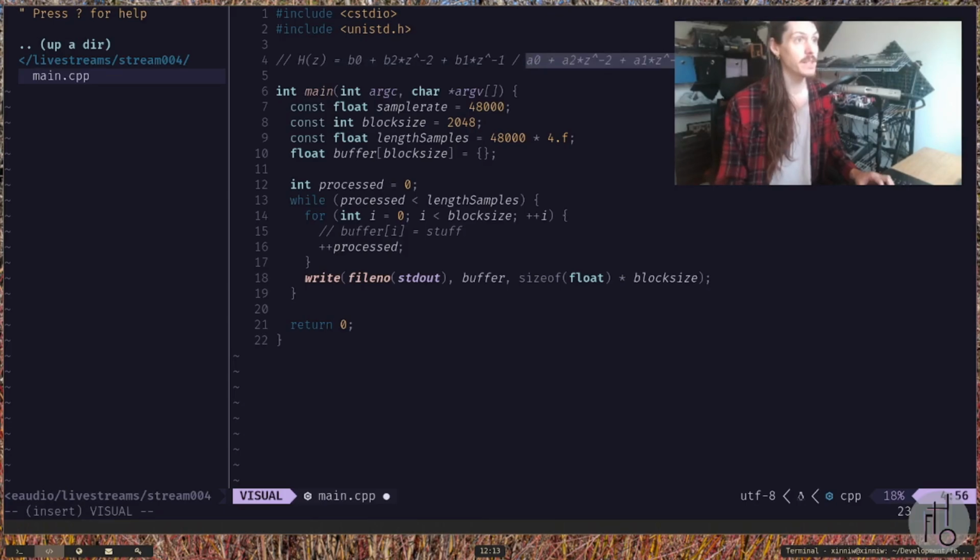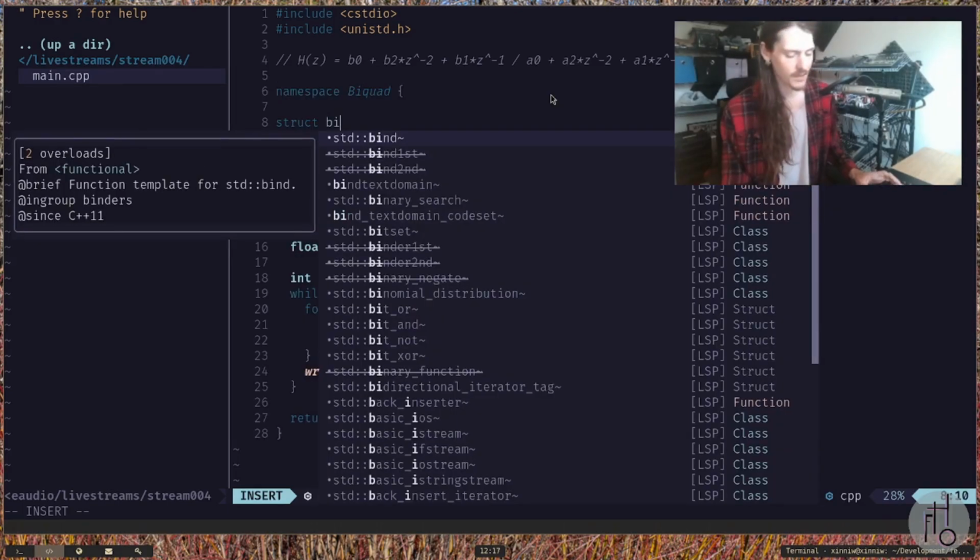And what that means is that you're using the prior output, or two outputs ago, and the prior input, or two inputs ago. So this is a real workhorse of a filter design. You can do so many things with this, including emulate a lot of circuits.